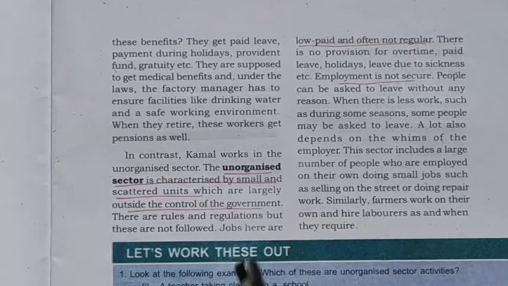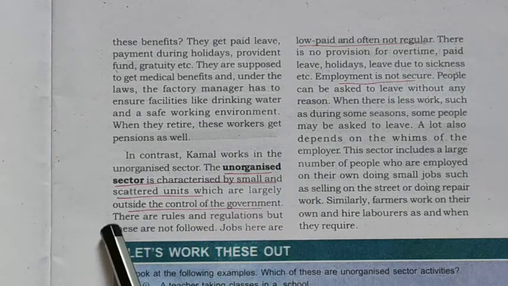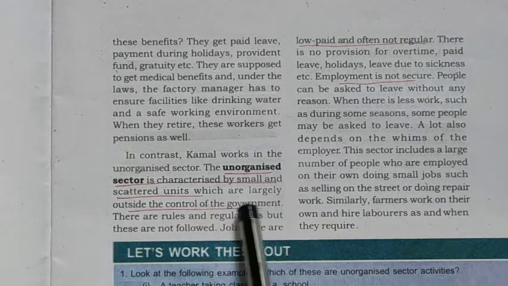In contrast, Kamal works in the unorganized sector. We have seen how his work is unpredictable and not secure. So what do you understand by an unorganized sector? The unorganized sector is characterized by small and scattered units which are largely outside the control of the government.